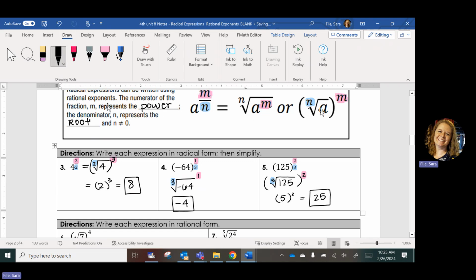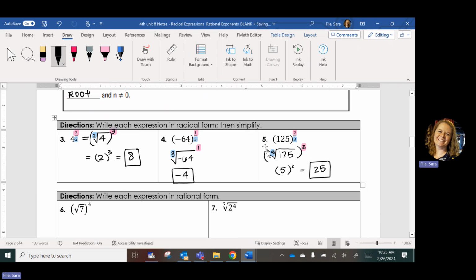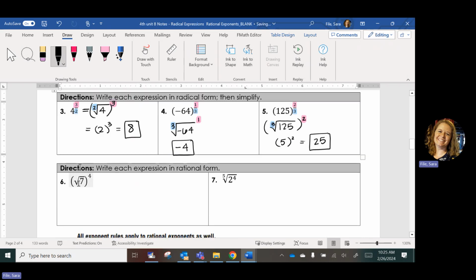Feel okay about this rule of rational exponents, how you can rewrite them as a radical expression? Now it works in reverse as well, like we're going to see in 6 and 7. So it's starting as a radical expression. We're going to rewrite it as a rational exponent. Okay, so here there is no index on the radical. So what is it understood to be? 2. So this is a square root.